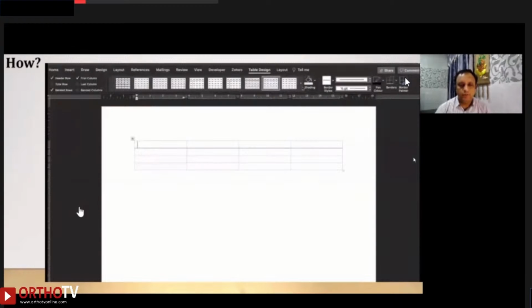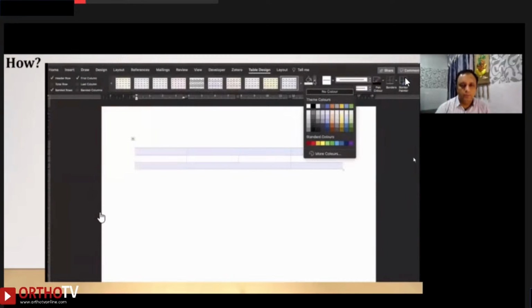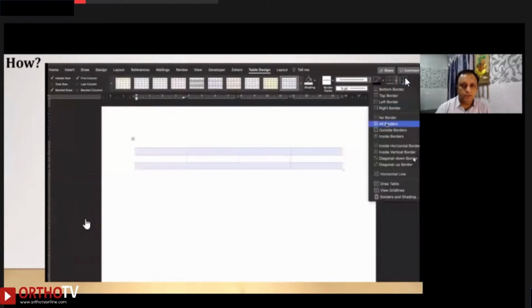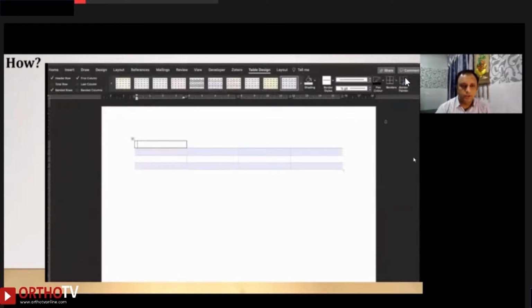Once you place the table, you can choose the style of your table by picking from the style formats as shown there. You can select the alternate row coloring, which is useful. That's coloring for the cells, and that is for making borders.